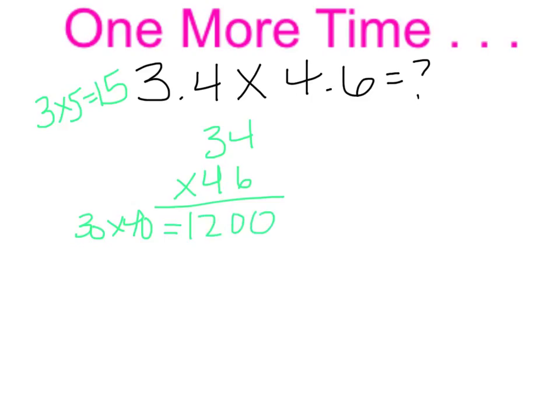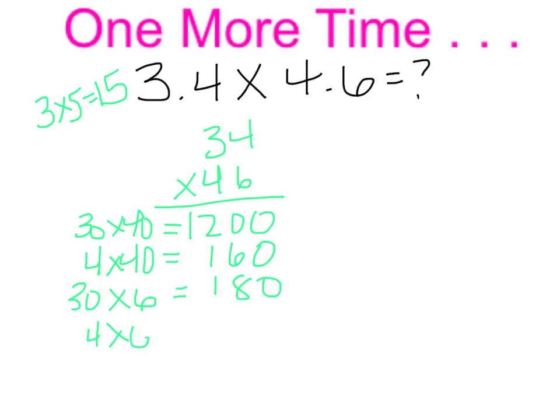Then I'm going to multiply 4 times 40, which is going to be equal to 160. Next, I am going to multiply 30 times 6, which is going to be equal to 180. And finally, I am going to multiply 4 times 6, which is going to be equal to 24.